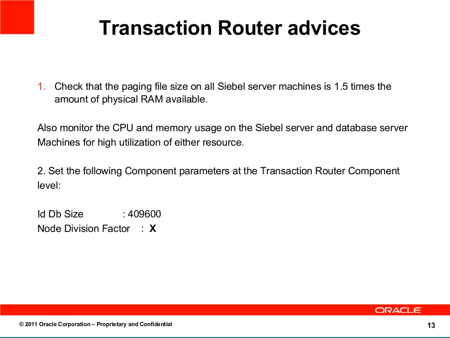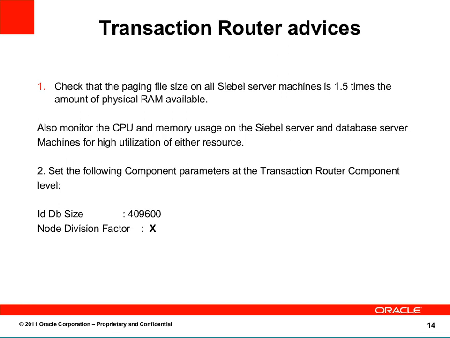Another common piece of advice when we face a performance problem with the transaction router is to check, first of all, the paging file size of all the Siebel servers. The Siebel server machine should have at least 1.5 times the amount of physical memory, to avoid memory problems on the server box.